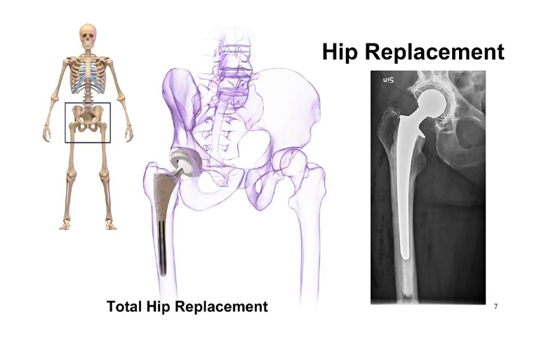We can also replace hips when they become so arthritic that mobility is compromised. So it's the same sort of image. You have a diagram of the full skeleton, in the middle a cartoon of the joint being replaced, and then on the far right an actual x-ray of someone who has had a joint replacement or a hip replacement.